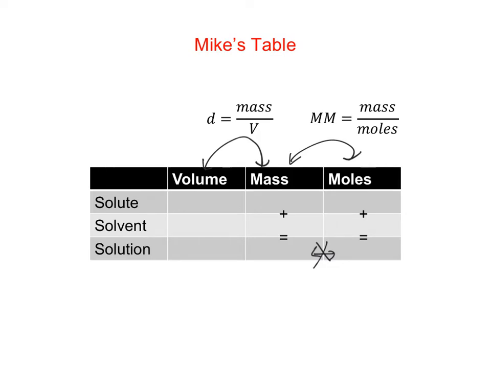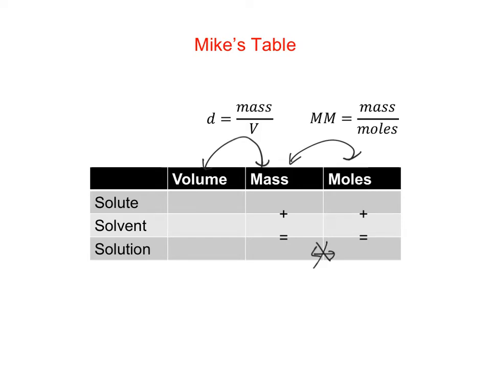Another thing we can do: if I want to know the total mass, all I have to do is add up the mass of the solute and the solvent. I can do the same thing for the moles. If I want to know the total moles of the solution, I can just add the moles of solute to the moles of the solvent. I can't do that to the volume. It turns out volumes aren't additive. If we take 50 milliliters of ethanol and 100 milliliters of water and mix those together, we don't get 150 milliliters of solution.